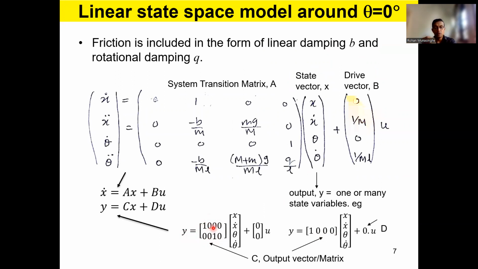If you want to pick up x and theta, but if you want all 4 state variables measured as feedback, then this C matrix will be a 4 by 4 identity matrix. All the diagonal elements are ones, off diagonal elements are zeros. So y will be just x. In that case, y is equal to x.